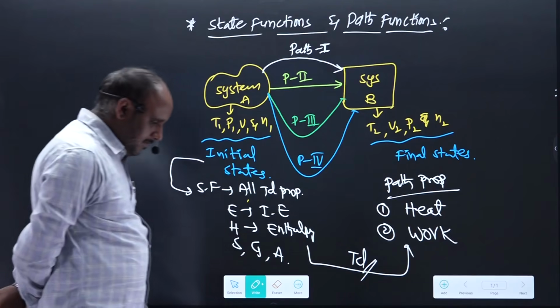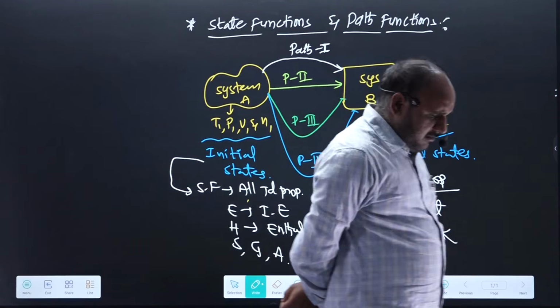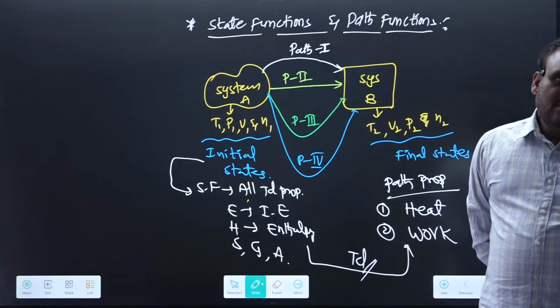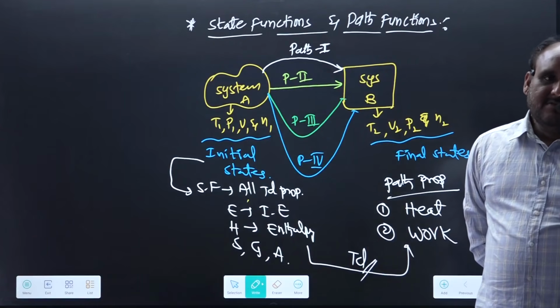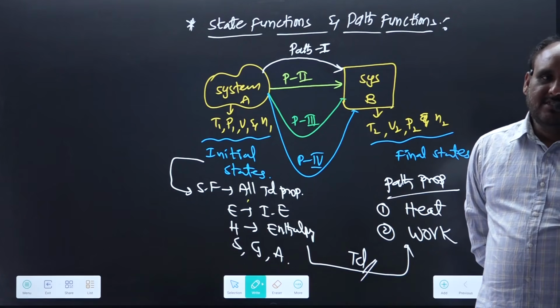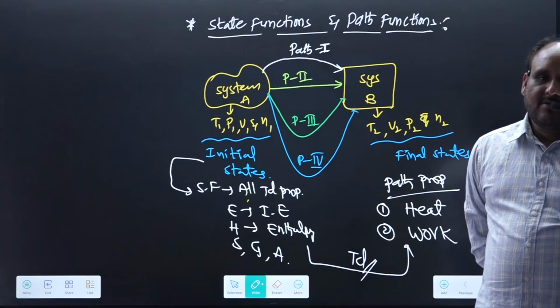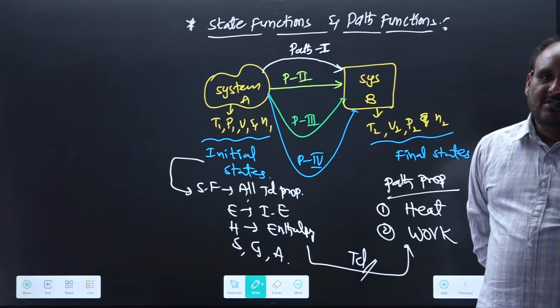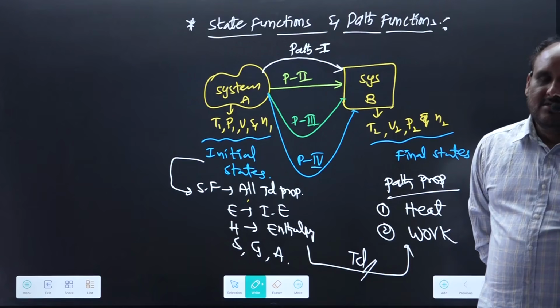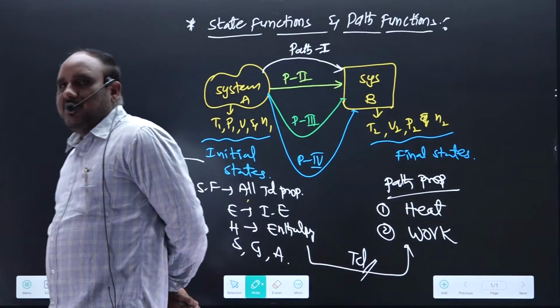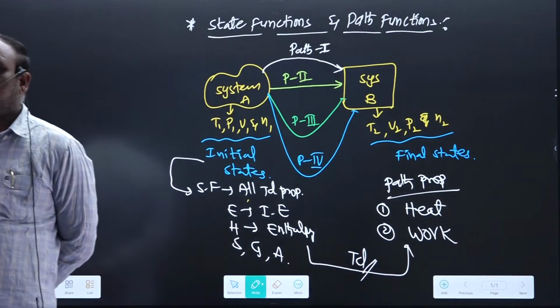Just write down. The property which depends on initial and final states of the system.